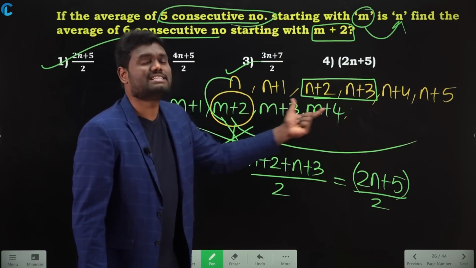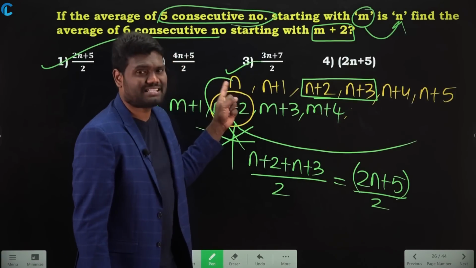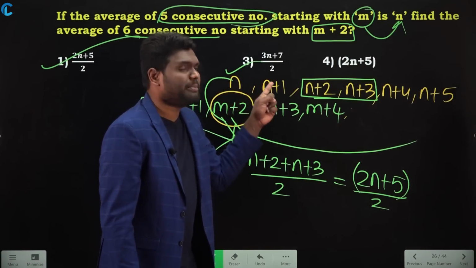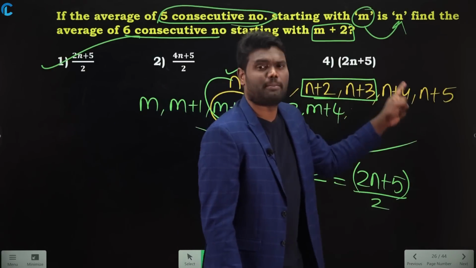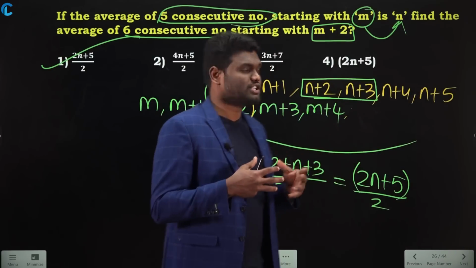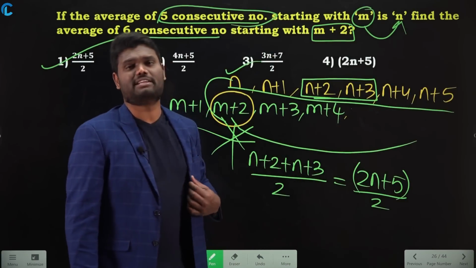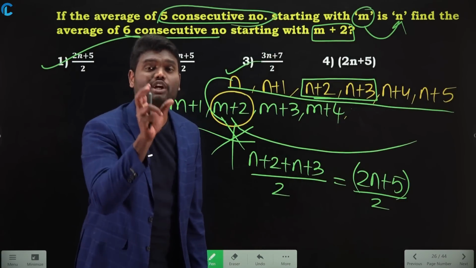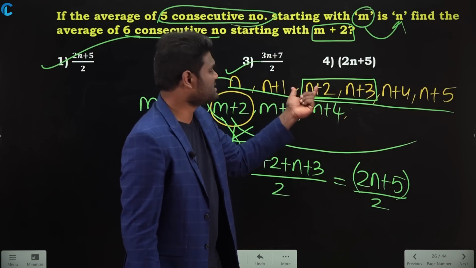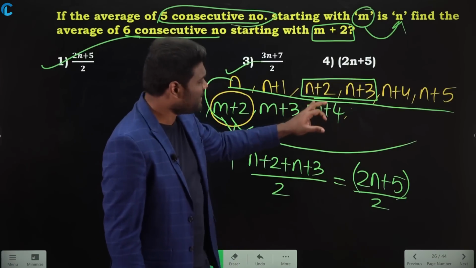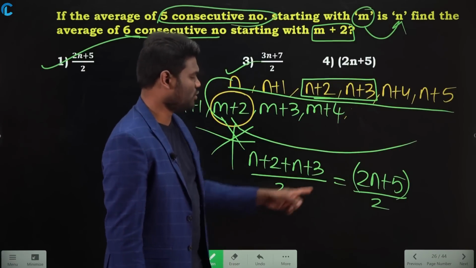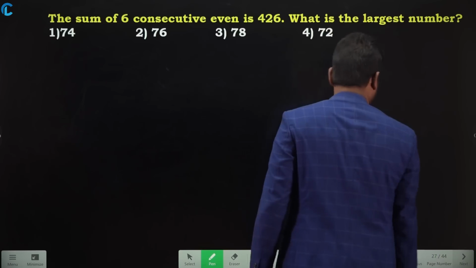Starting from here, I need 6 numbers. Already you know this number is n. If this is n, this is going to be n plus 1, n plus 2, n plus 3, n plus 4, n plus 5. I need the average of these 6 numbers. For 6 numbers, average is exactly the average of the middle 2 numbers. Middle 2 numbers means n plus 2, n plus 3. So n plus 2 plus n plus 3 divided by 2. So the answer is 2n plus 5 by 2.